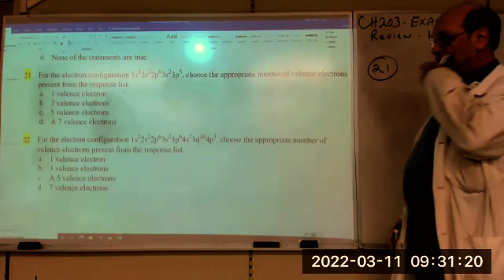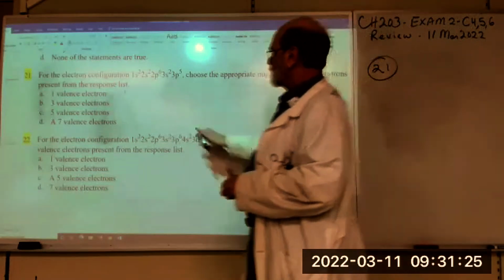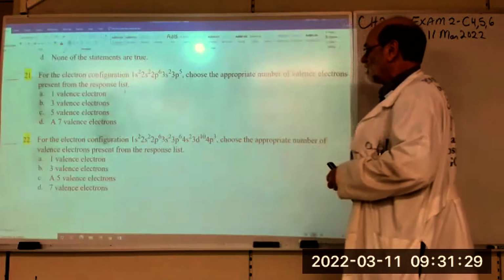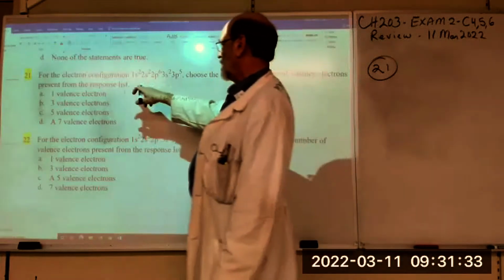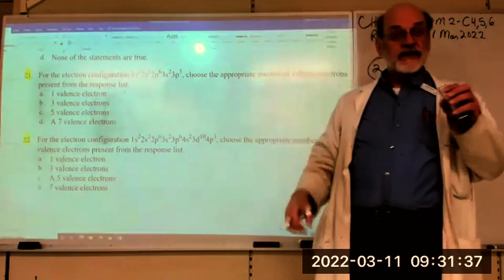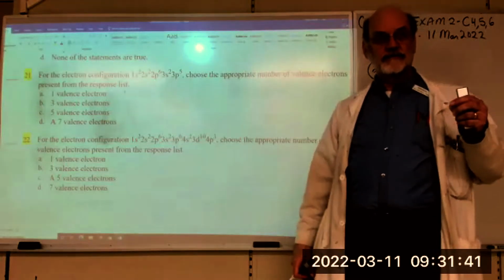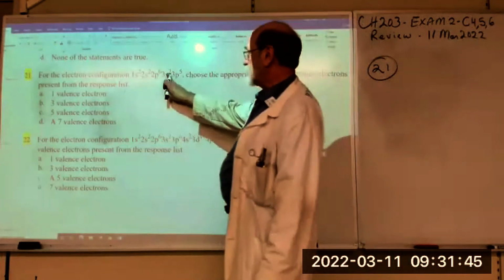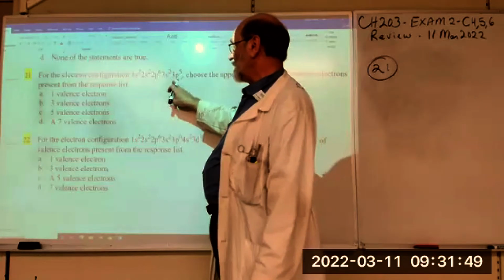For the electronic configuration 1s2, 2s2, 2p6, 3s2, and 3p5, choose the appropriate number of valence electrons from this response list. How do we know the valence electrons? They all have the same principal quantum number. They're all at the same energy level. That means we have 2 plus 5 is 7. 7 valence electrons in this configuration.